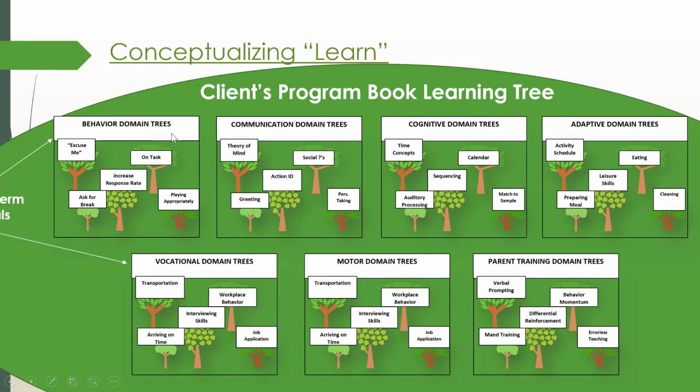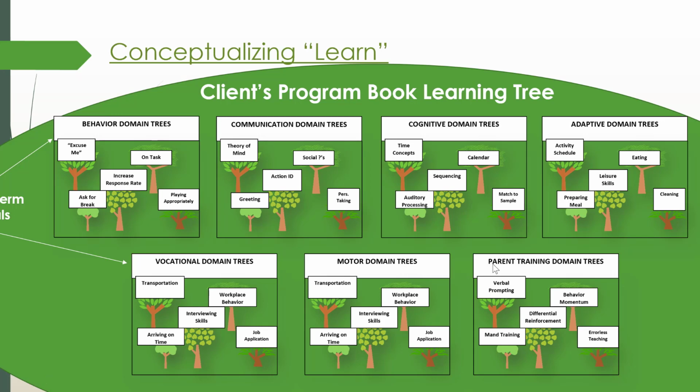In each client's program notebook, you're going to have at least 7 trees. So there are 7 clusters of trees, 7 domains: behavior, communication, cognitive, adaptive, and again, adaptive has its cluster of trees with programs in it like activity schedule, leisure skills, eating, cleaning, preparing meals, vocational trees, motor domain trees, parent domain trees.